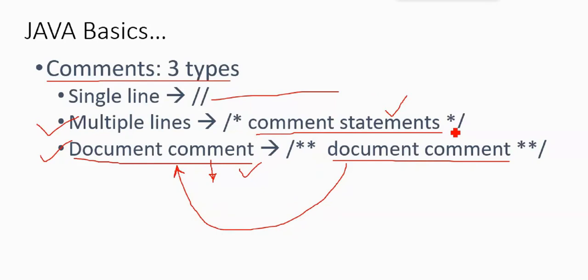Okay, so as a student, what happens? I will not go with the documentation. I will only use comment-like statements. Because I am developing my own code, I can open the source code and check what I have done.